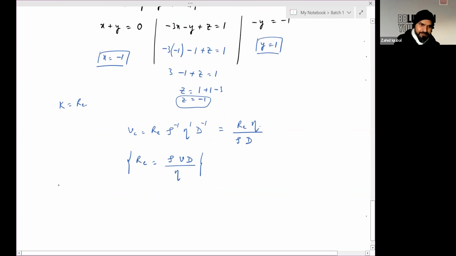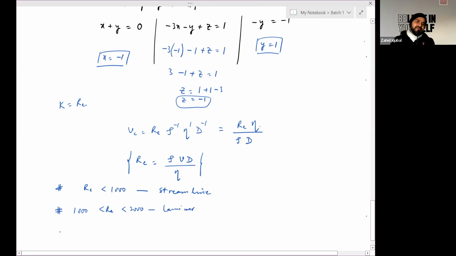First, if the numerical value of Reynolds number is less than 1000, it will be termed streamlined flow. Next, if Reynolds number is greater than 1000 and less than 2000, it will be laminar flow.